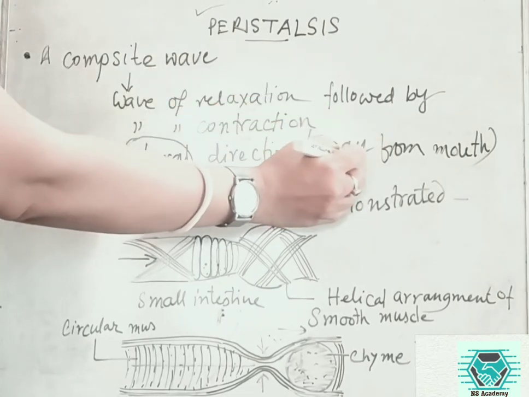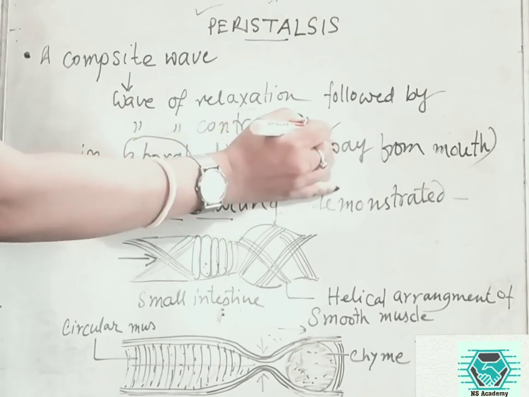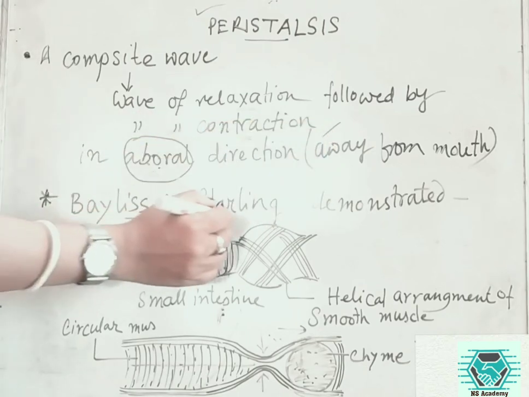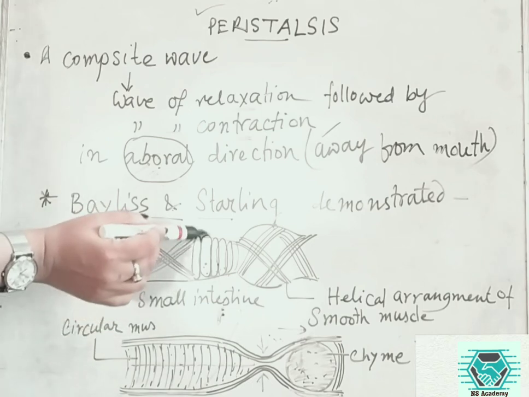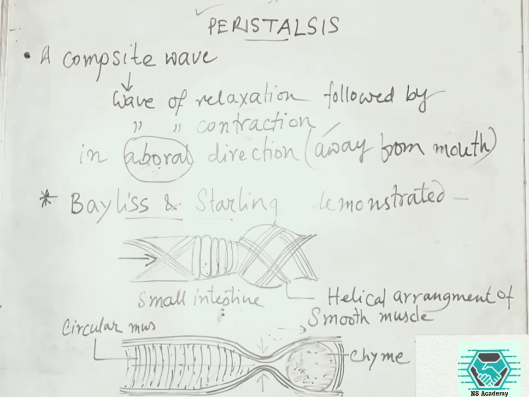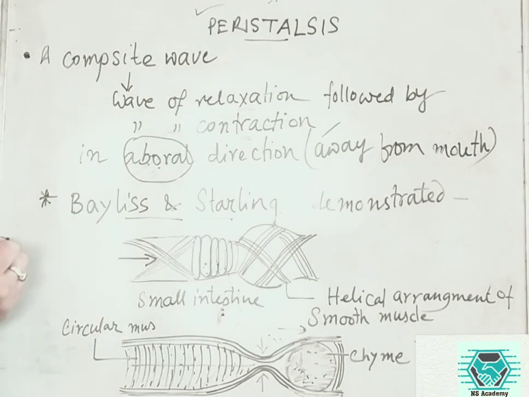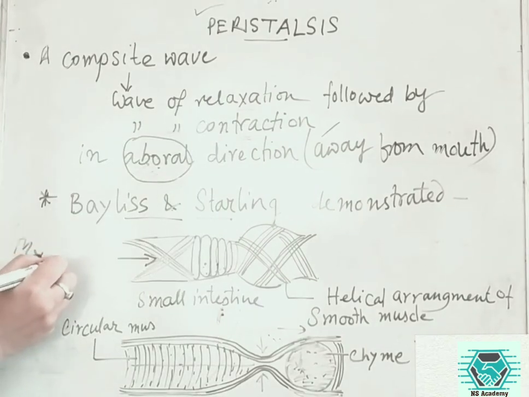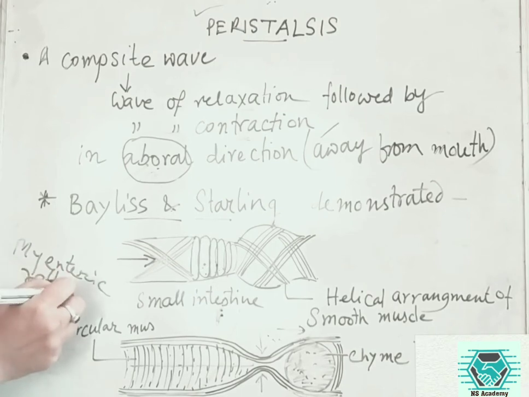So this is a local reflex of smooth muscles, because we know that in the small intestine there are 4 layers, and among them there is a muscle layer called muscularis externa, which is made up of smooth muscles, longitudinal smooth muscles and circular smooth muscles. So that's why it is called the law of the intestine or myenteric reflex. So it is suggested that peristalsis depends on this reflex.